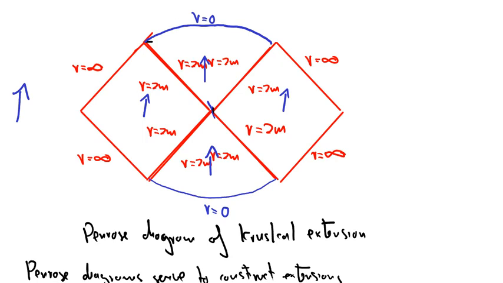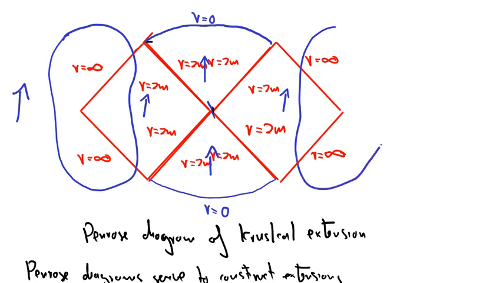Well, the first point is that we have two asymptotically flat regions. What do I mean by that? If you just look at this set, or you look at this set, you see that the Penrose diagrams of these parts look pretty much the same as the Penrose diagrams of Schwarzschild space-time, of Minkowski space-time.